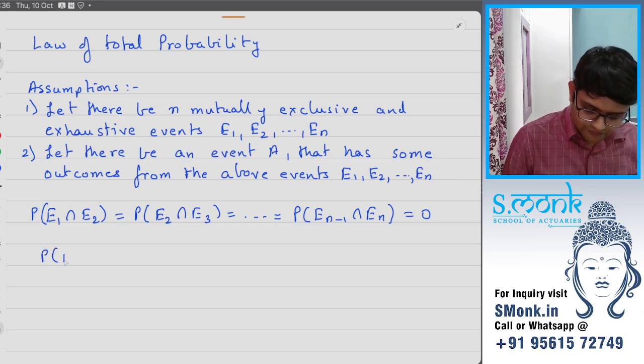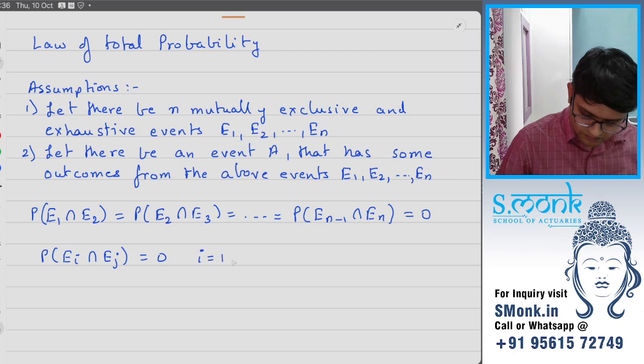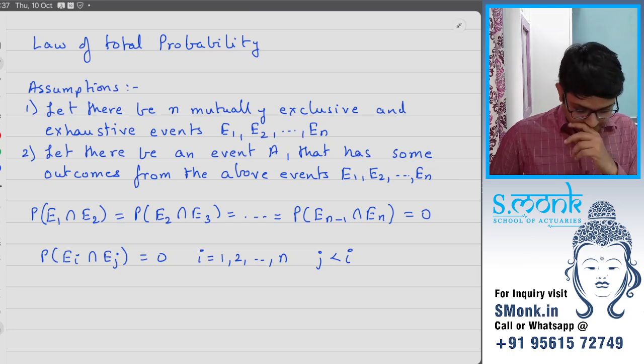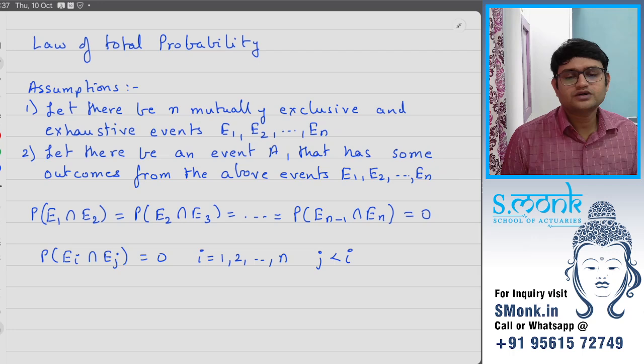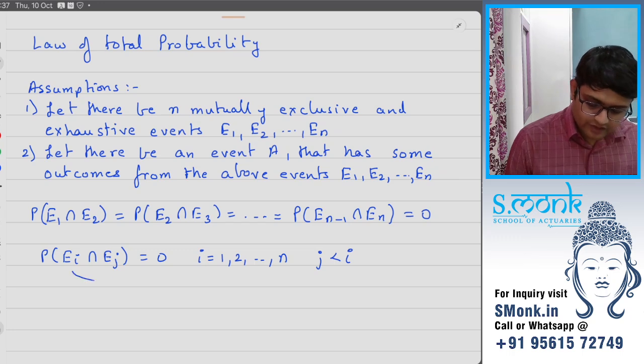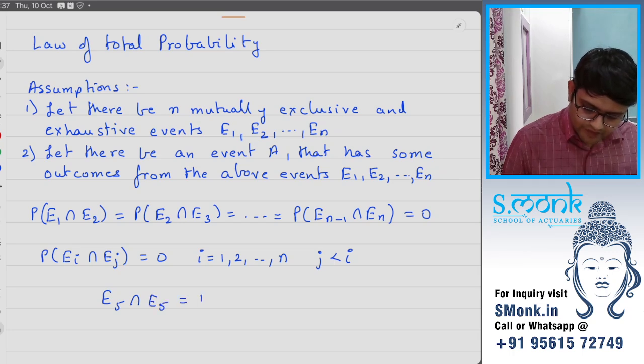We can write it in terms of I going from 1 to n and j is less than I. The main reason we are writing less than I and not j less than or equal to is, first of all, they should not be equal, because if I say E5 intersection E5, that will be E5.